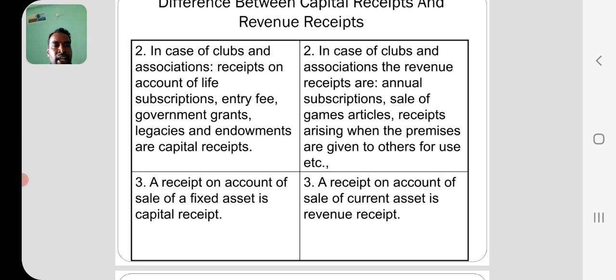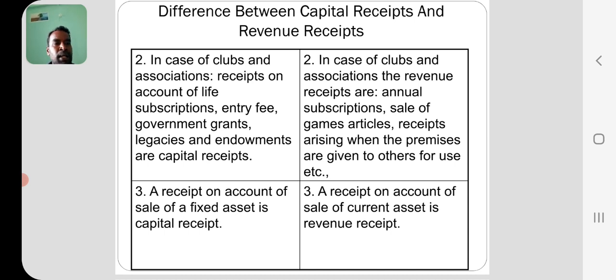In case of clubs and associations, receipts on account of life subscription, entry fee, government grants, legacy and endowments are capital receipts.